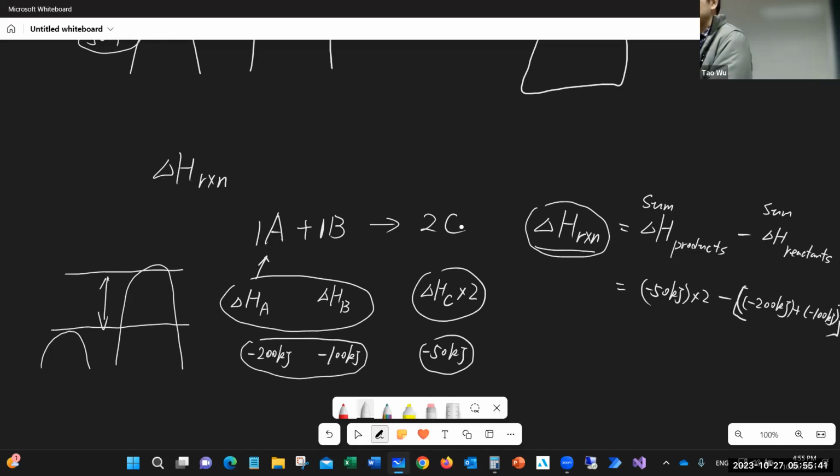So now you have negative 100 kilojoule, subtract negative 300 kilojoule. And then you can do the calculation. That's going to be a positive 200 kilojoule. In other words, this reaction is actually an endothermic reaction. Without the energy, this reaction will not go.